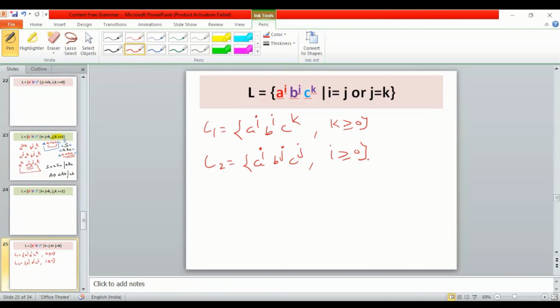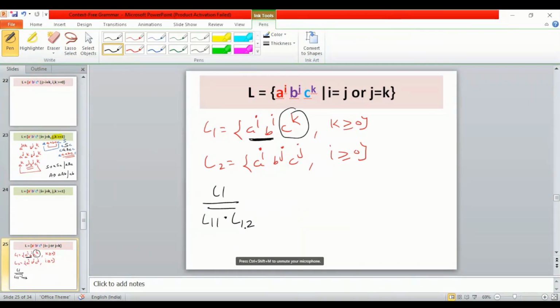Now if I consider the L1 language, where a and b are equal and we can have any occurrence of c, again we can say this L1 is a concatenation of two different languages, L11 and L12.